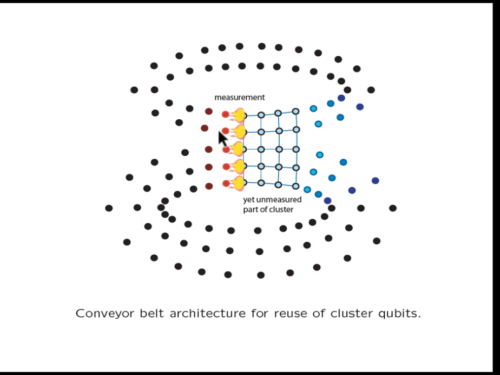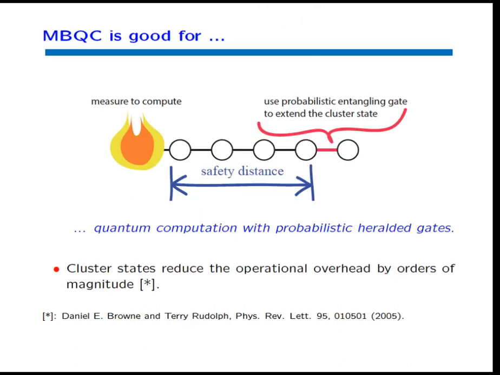That frees qubits up, and then you bring them back in on the right side and entangle them into a cluster state, and your cluster state just moves on and on. So it's a conveyor belt architecture that reuses qubits. It turns out that this type of construction is tremendously useful for quantum computation with photons.